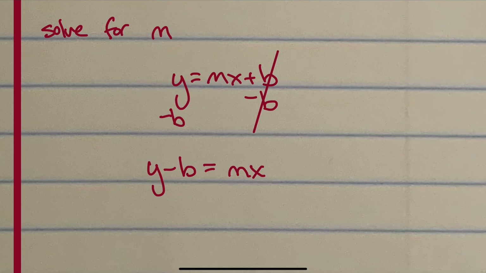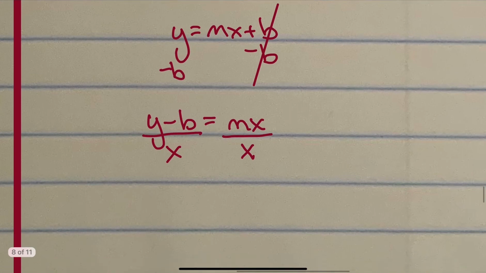Okay, so now we have one more step. Since I'm solving for m, I want my m to be alone. So that means we have to get rid of this x. m is being multiplied by x, so to get rid of it, I'm going to do the opposite and divide. Dividing both sides by x.